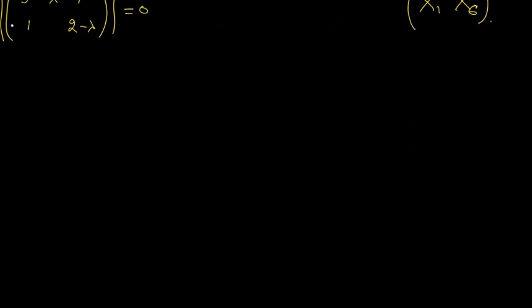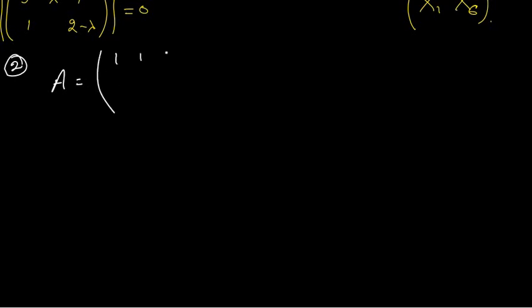Let's move on to example number 2. Let the matrix A be the very simple matrix with all entries 1, a 3 cross 3. If I ask you to find the eigenvalues, you will calculate that they are 0, 0 and lambda 3 equal to 3.